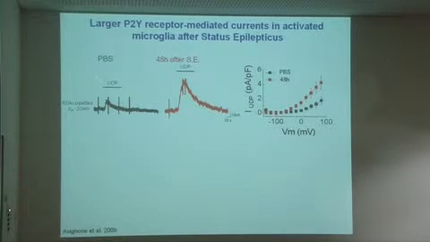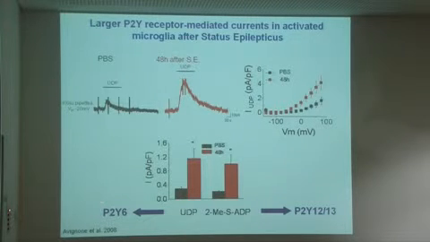So we used UDP as a selective agonist of P2Y6 receptors, and you see that we can see an increase in the potassium conductance. You have the IV curve of the response here. And when we do the same manipulation in epileptic animals, then we have an increase of this P2Y6 receptor-mediated response, and these are the group data.